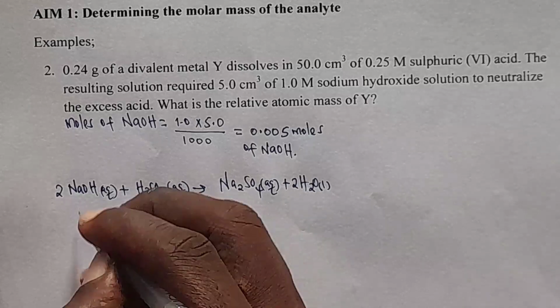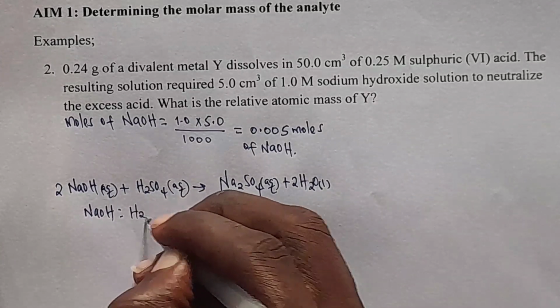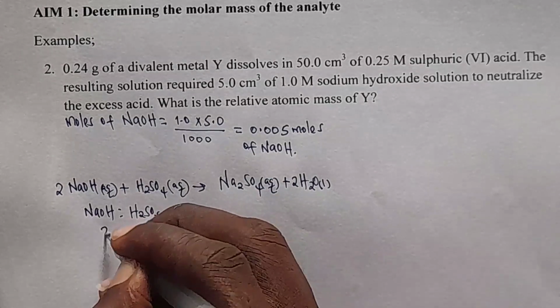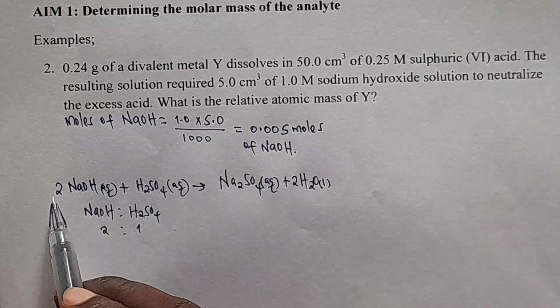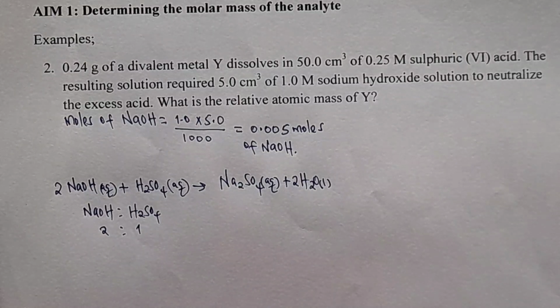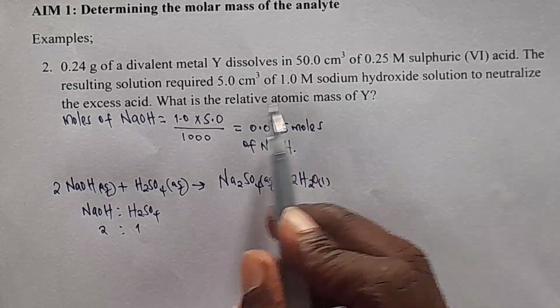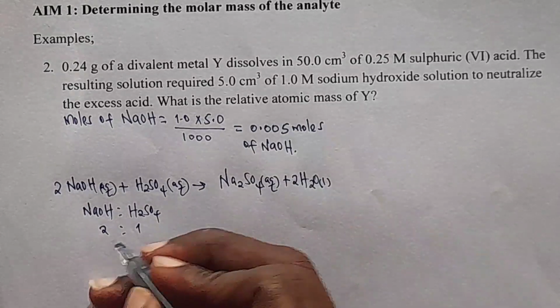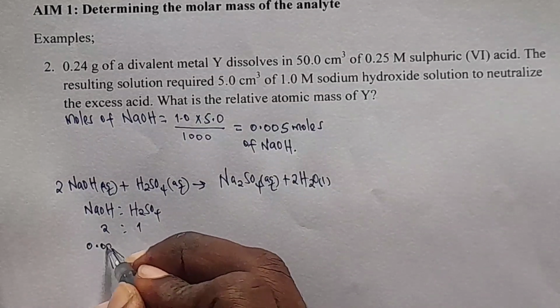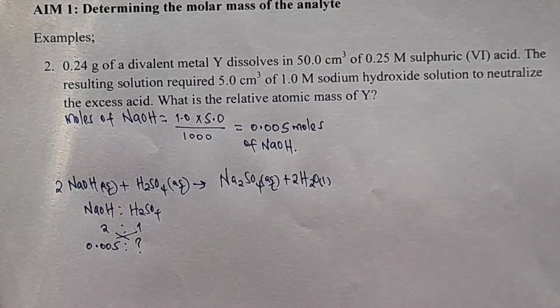So let us get now the mole ratio between sodium hydroxide and sulfuric acid. So the mole ratio here is 2:1. We have 2 on the side of sodium hydroxide and we have 1 on the side of sulfuric acid. So we know the number of moles of the sodium hydroxide that reacted with the excess acid. That is 0.005. So what about the number of moles of the sulfuric acid?